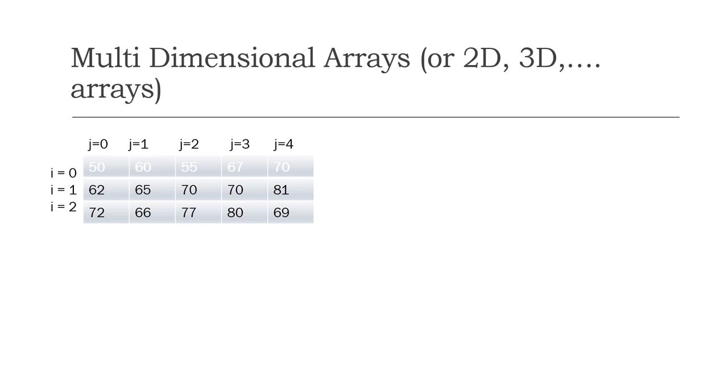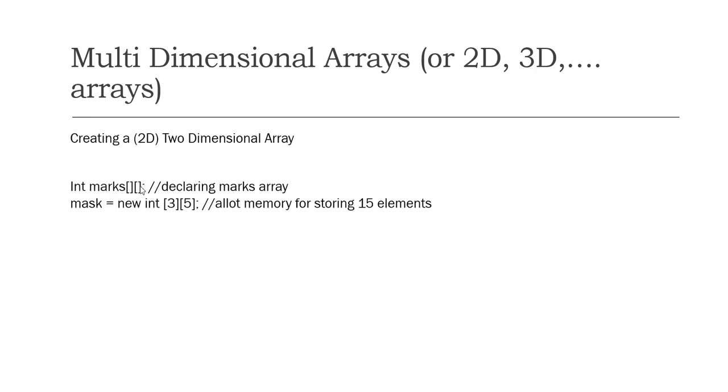And then another way of creating the two-dimensional array is similar to the 1D array. We can declare it first and then allocate the memory, and then use the concept of looping to store the elements at a later point of time, similar to the 1D array, right?